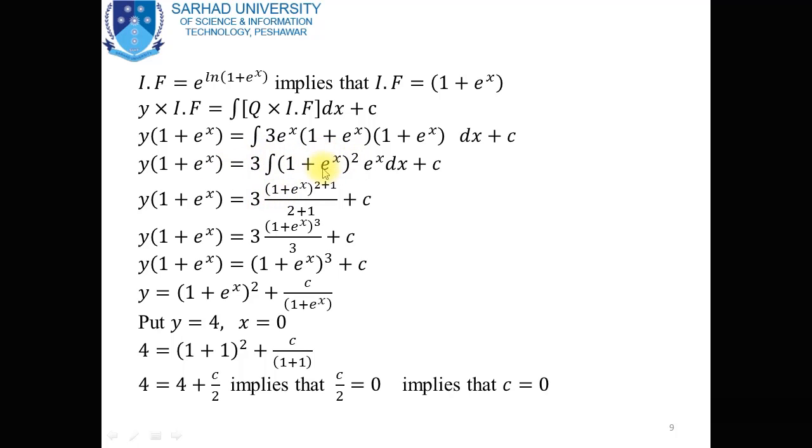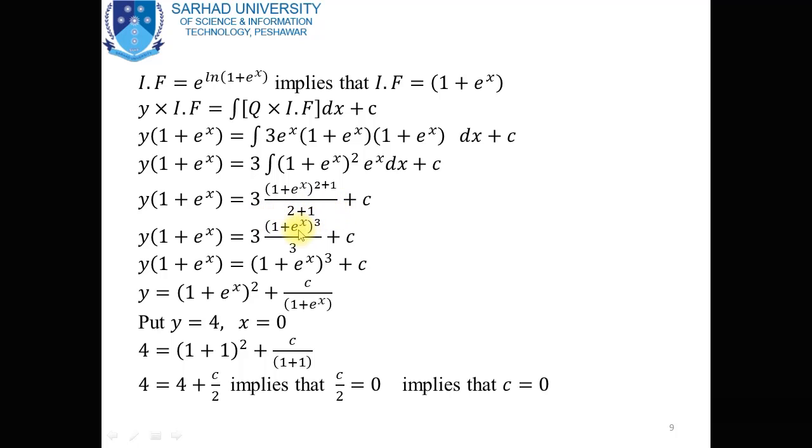these two terms using the rule, we know that if this function is the derivative of this function, then we add 1 to the power and add 1 to the power at the denominator, we obtain the integration. So 3 into 1 plus e power x whole power 2 plus 1 divided by 2 plus 1 plus c.